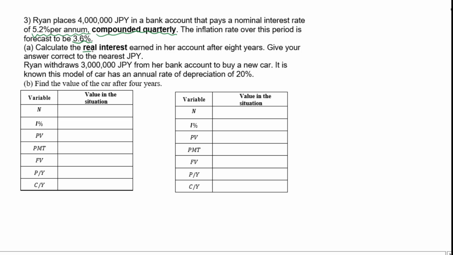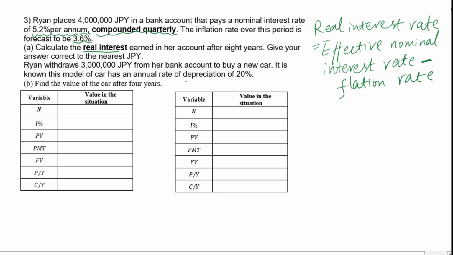Calculate the real interest earned in her account after 8 years. Give your answer correct to the nearest JPY. Since this question is related to inflation rate, we need to figure out the real interest rate. Real interest rate equals effective interest rate minus inflation rate.